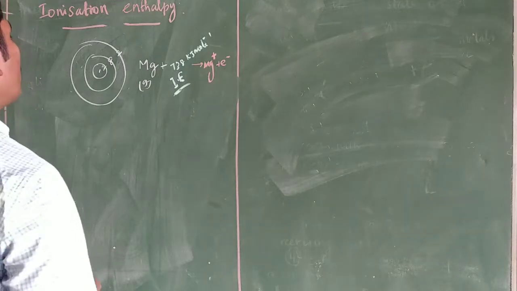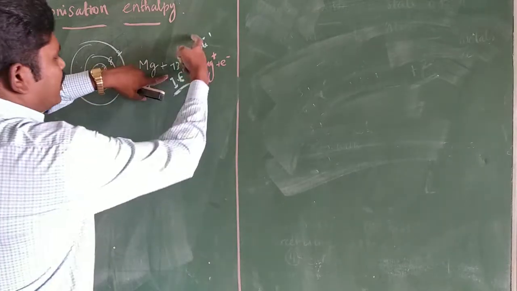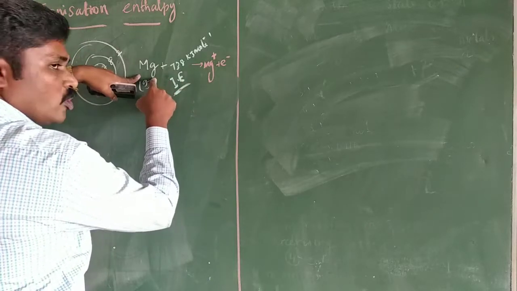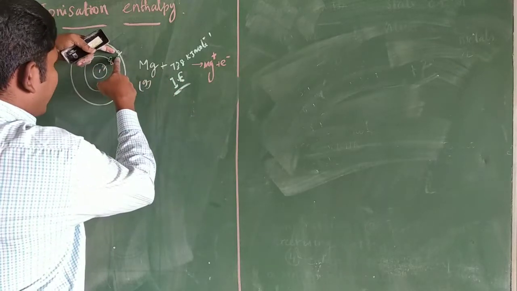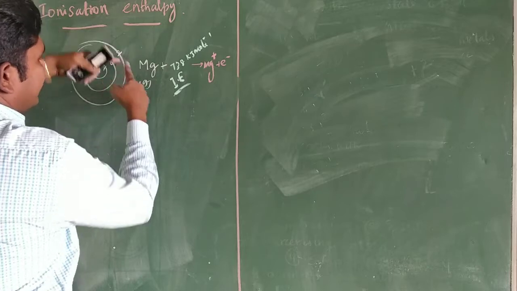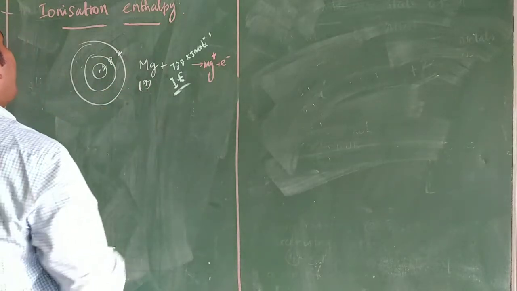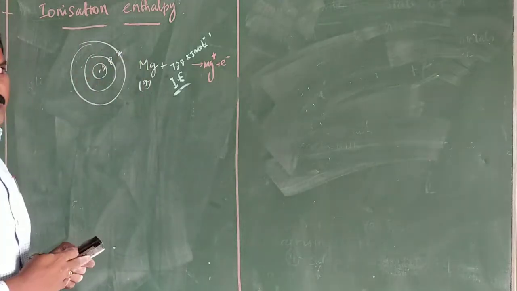So the minimum amount of energy required to remove the loosely bound valence electron from a gaseous atom in its ground state electronic configuration is the ionization enthalpy.